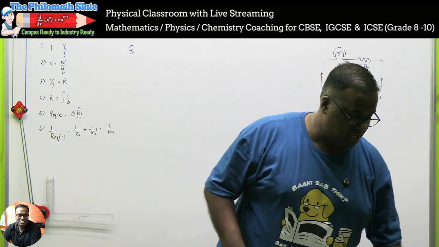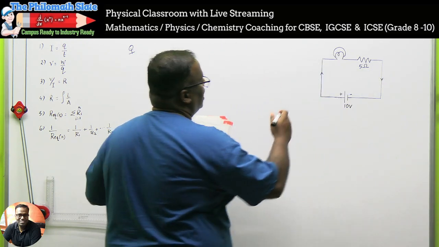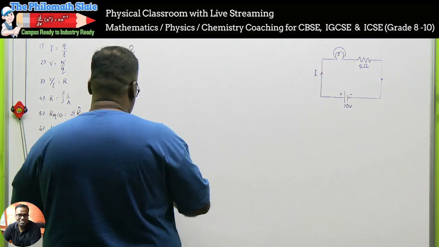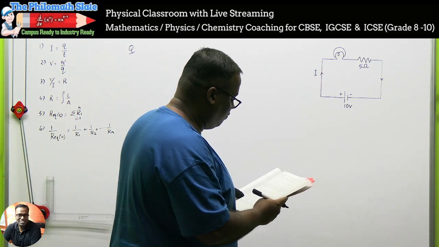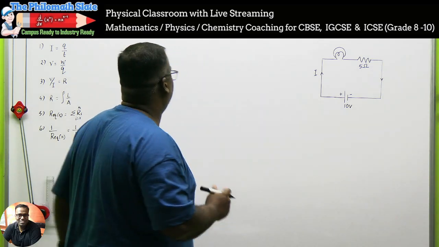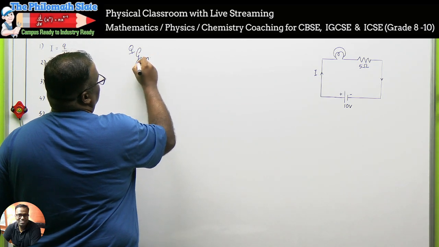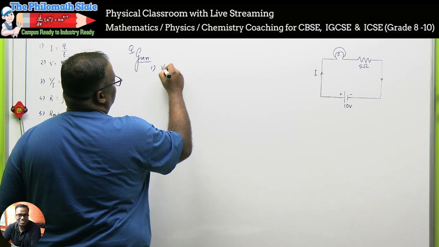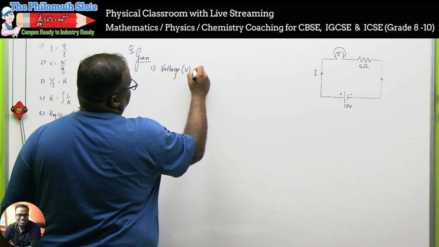The question is a current of I ampere flows in a series circuit. So the current of I ampere is flowing. A current of I ampere flows in a series circuit containing an electric lamp and a conductor of 5 ohm when connected to a 10 volt battery. So we write what is given to us. Given to us is number 1, we have voltage, that is V is equal to 10 volt.